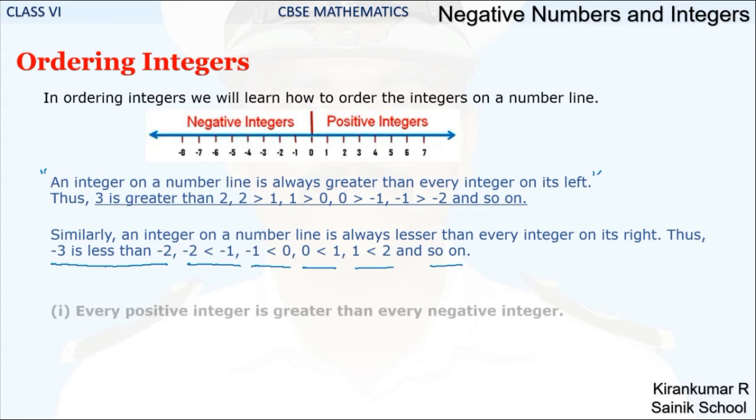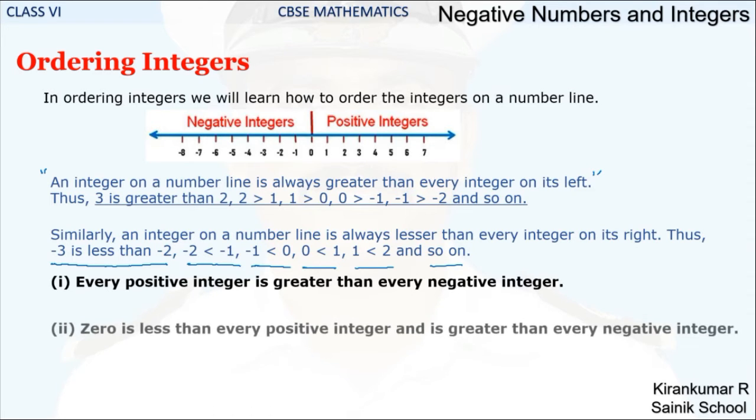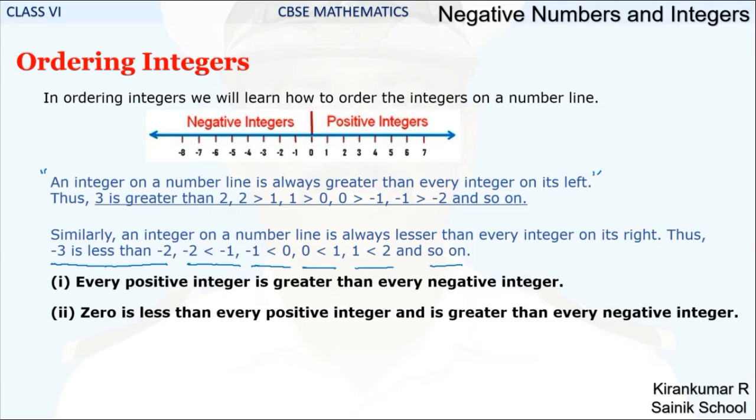Remember, every positive integer is greater than every negative integer. 0 is less than every positive integer and is greater than every negative integer. The greater the integer, the lesser is its opposite.